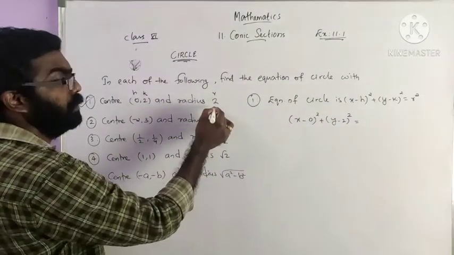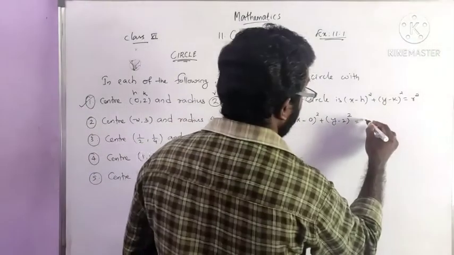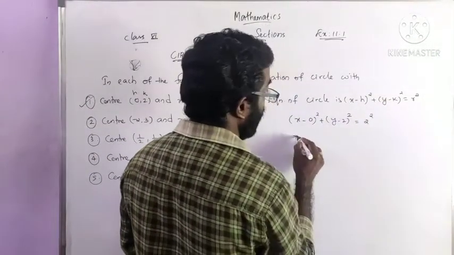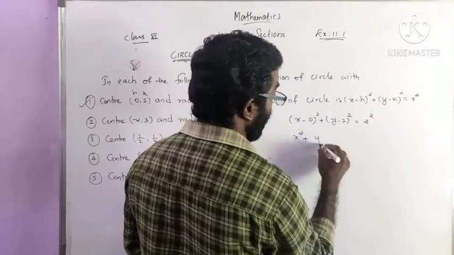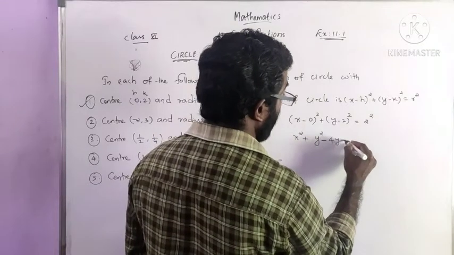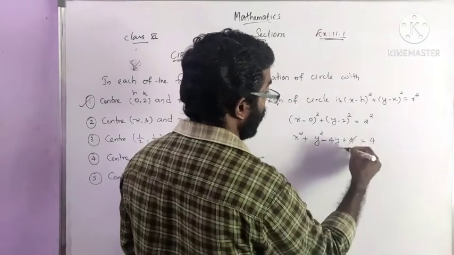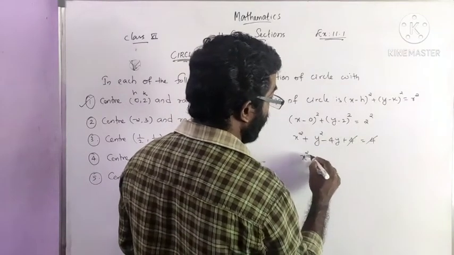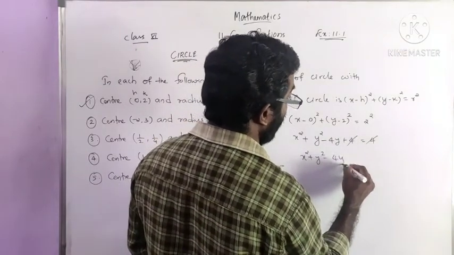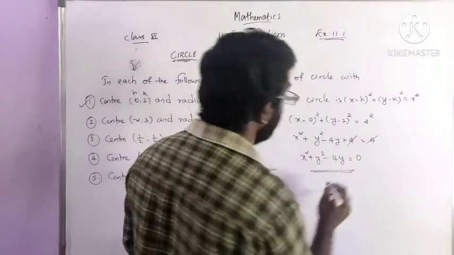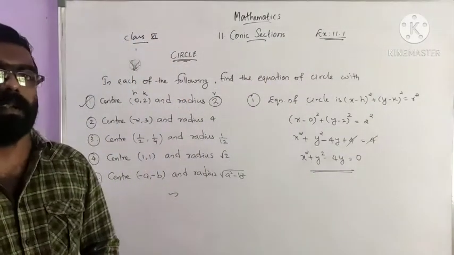Here the radius is 2 units, so 2 square. That is x square plus, here we can expand, y square minus 4y plus 4 equal to 4. This 4 and 4 get cancelled. x square plus y square minus 4y equal to 0. This is the equation of the circle.